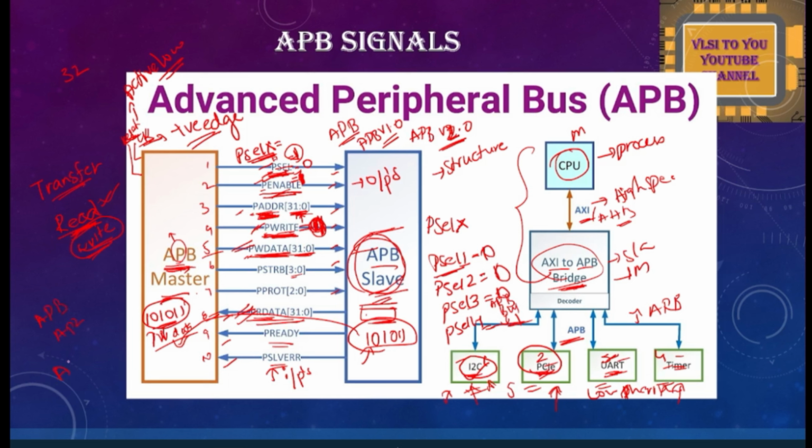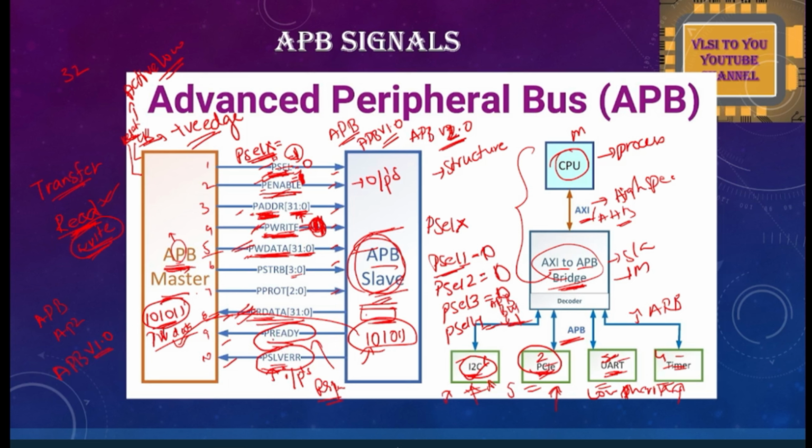Now in APB version 1.0, these are the two signals that were introduced: PREADY and PSLVERR. Basically these are response signals. That means the slave is responding to what the master is sending. That is why these are response signals. So these two were introduced in version 1.0.